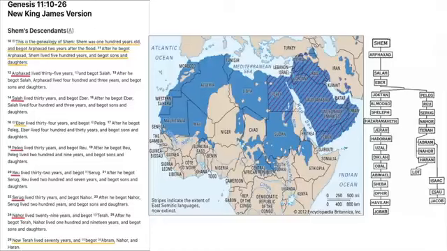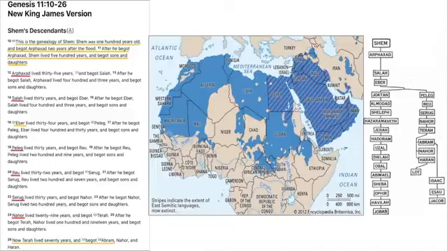After he begot Arphaxad, Shem lived 500 years and begot sons and daughters. And then from verse 10 to 26 it says, Arphaxad, Shelah, Eber, Peleg, Reu, Serug, Nahor. Now Terah lived 70 years and begot Abram.